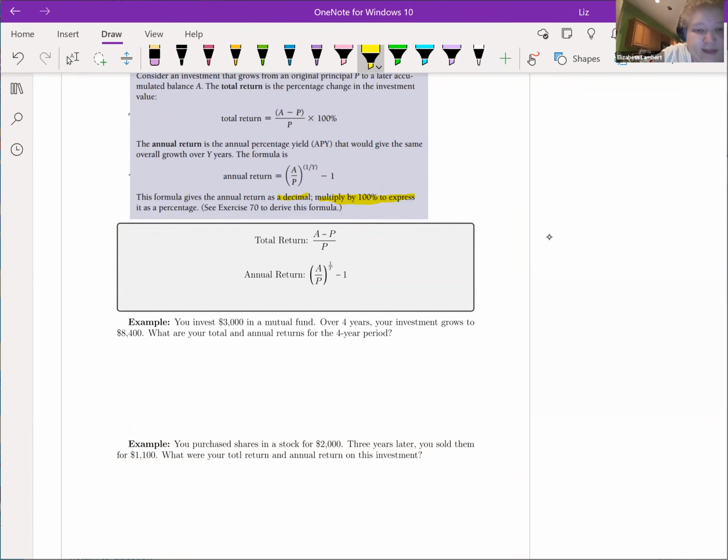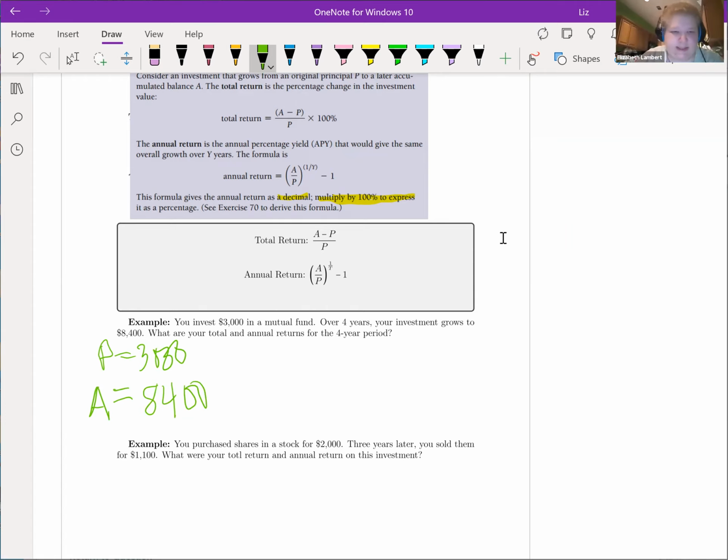So here, that 3,000 in a mutual fund is the principal. And then what we get, the accumulated balance, is 8,400. So the total return, let me just type, my handwriting's atrocious right now.